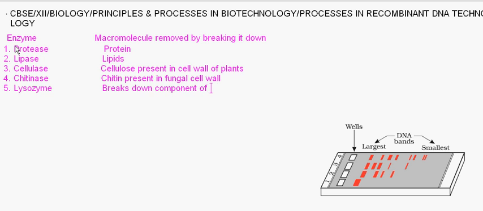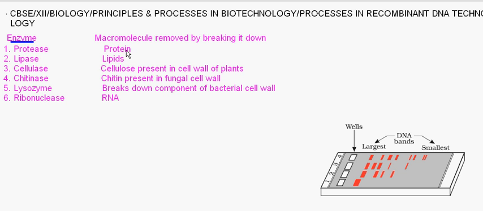One more is there, that is ribonuclease. Ribonuclease breaks down RNA. So only DNA remains, and the thread-like DNA is isolated in a test tube, as you can see in this image.